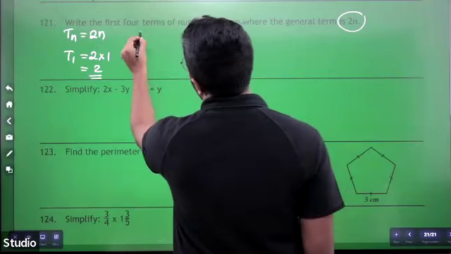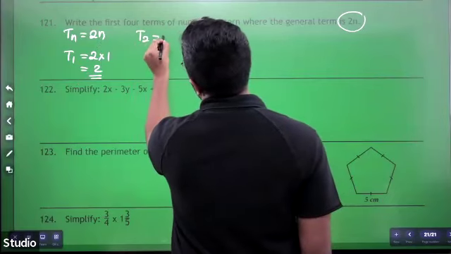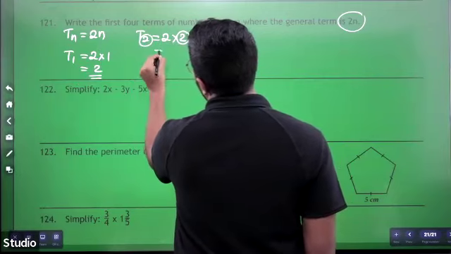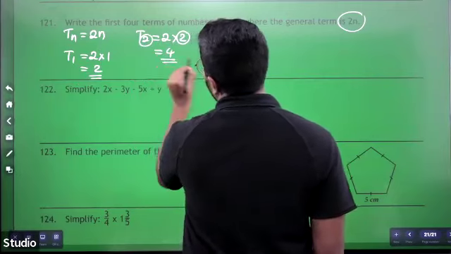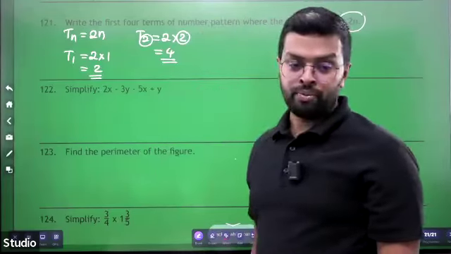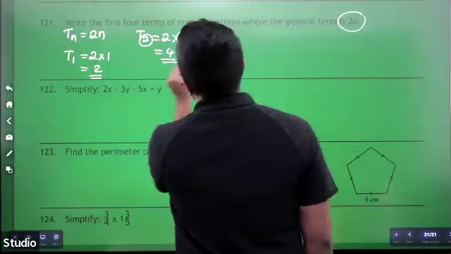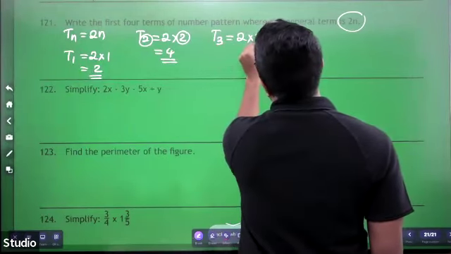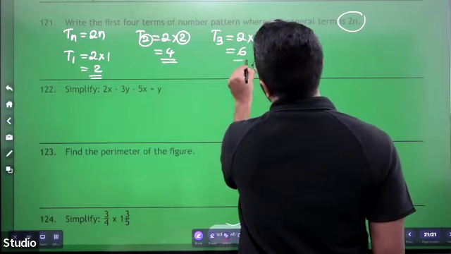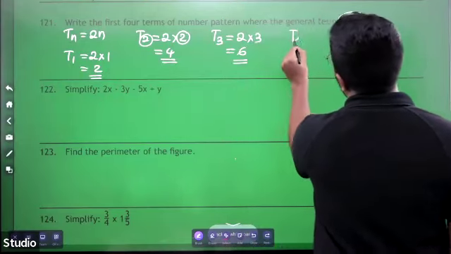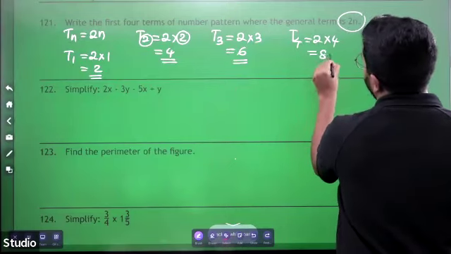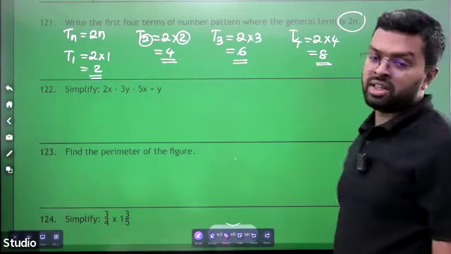With the second term, T2 equals 2 times n, n is 2. 2 times 2 equals 4. Second term is 4. T3, n is 3. 2 times 3, 6. T4, 2 times 4. The answer is 8.